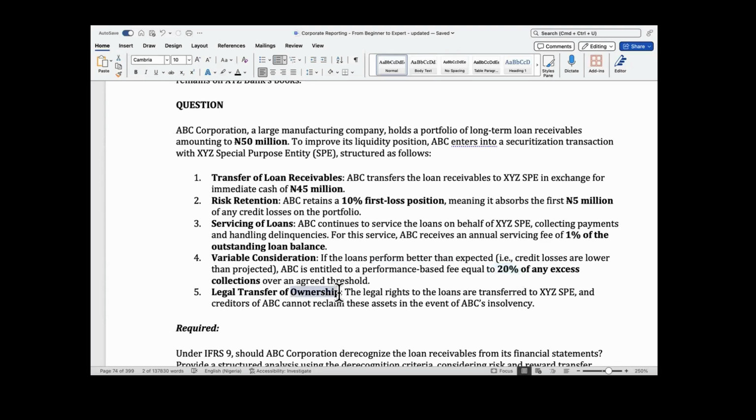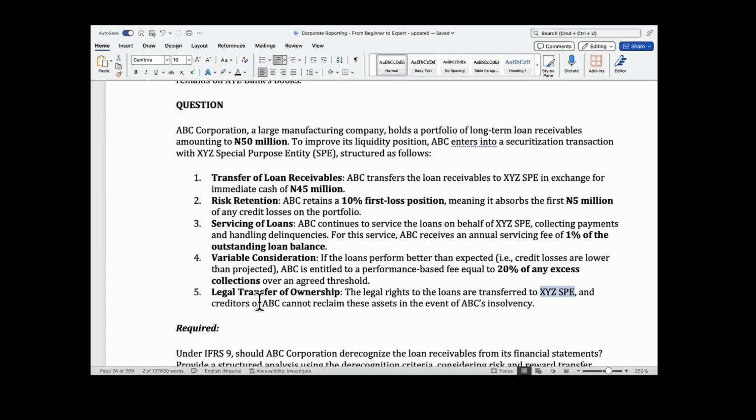He has transferred ownership, meaning that the loan receivable no longer is receivable. It now belongs to XYZ. He has transferred those loans to XYZ.